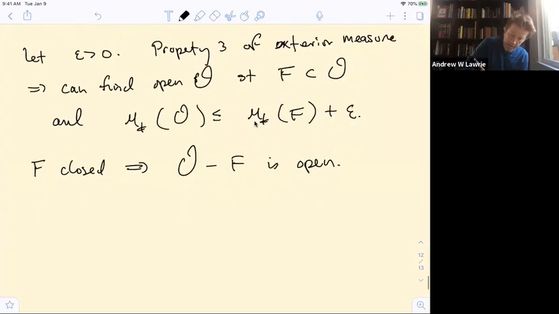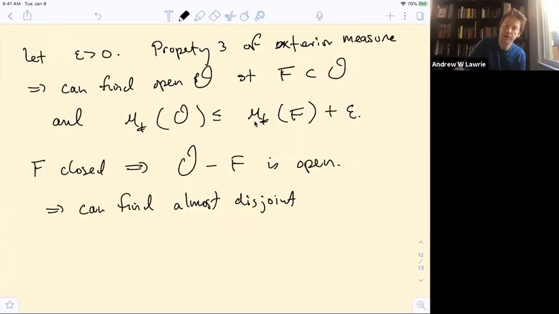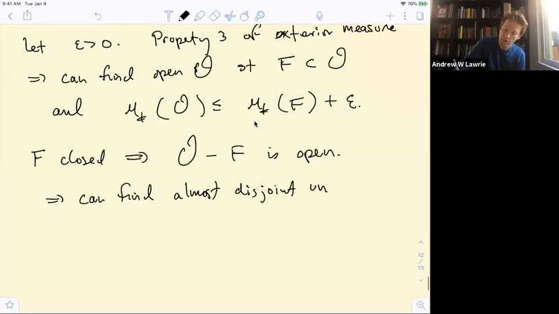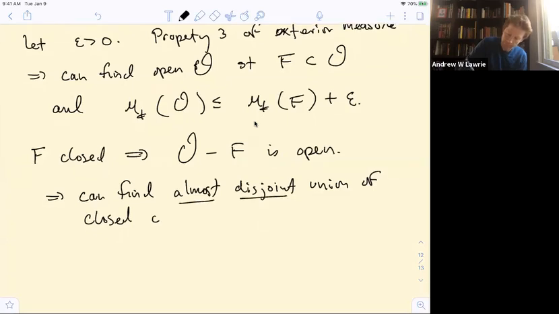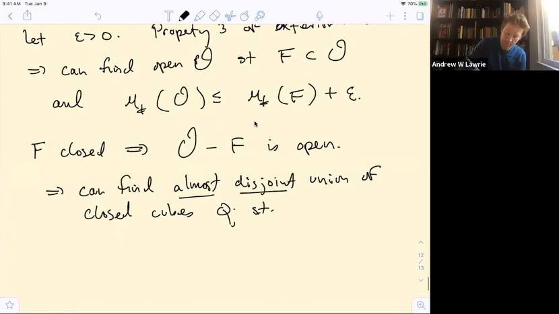This property is quite tricky to prove. We're kind of using everything that we proved before. We can find an almost disjoint union of closed cubes Qj such that O minus F is equal to the union from j equals 1 to infinity of Qj.